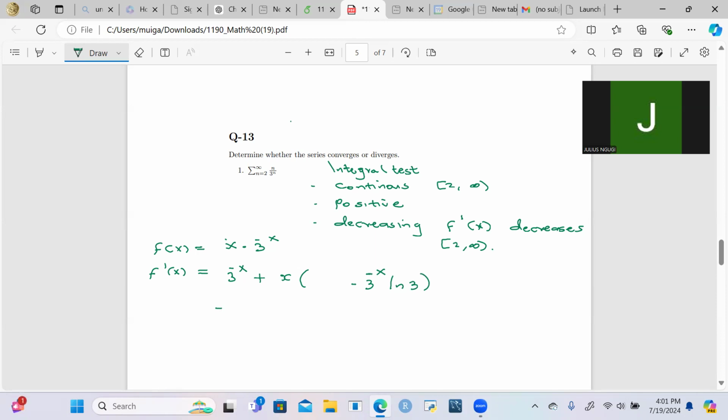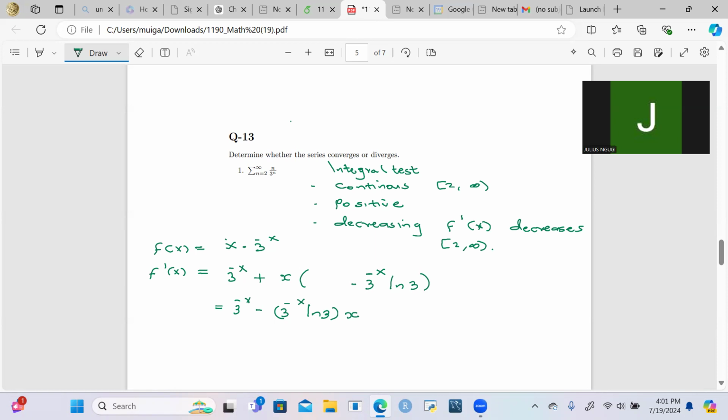So we have 3 power minus x minus 3 power minus x multiplied by ln of 3, then multiplied by x.